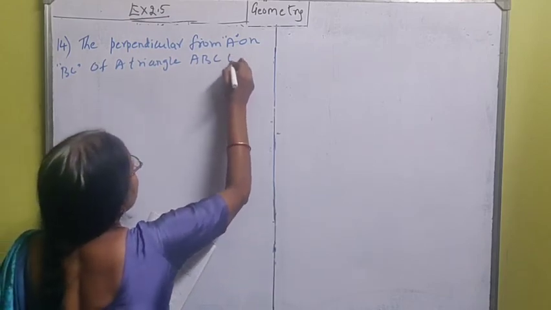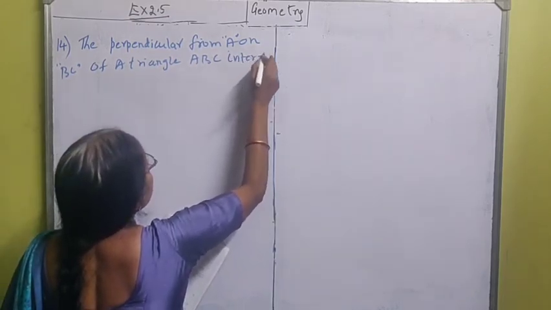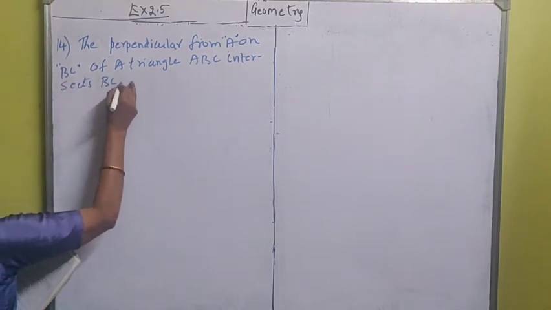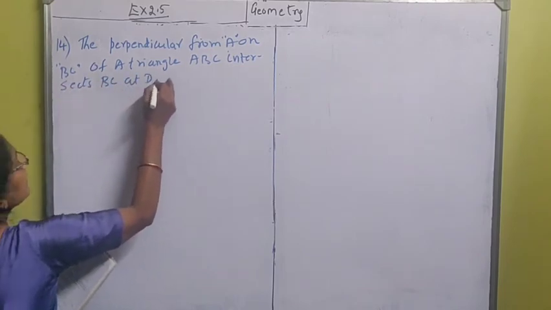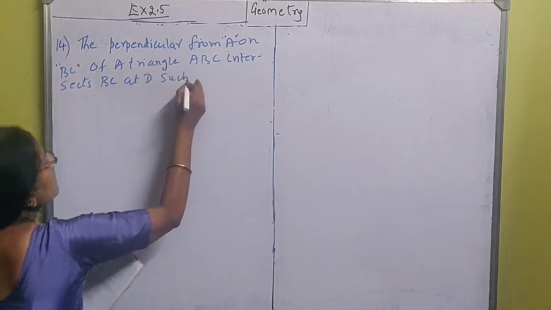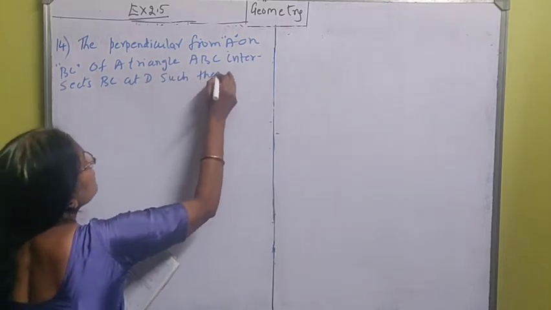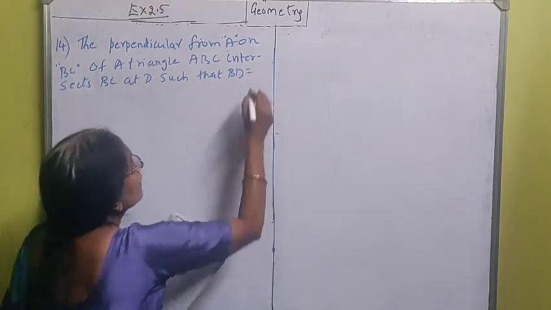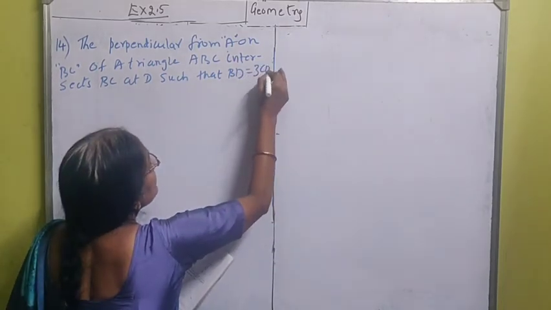It intersects BC at D such that BD is equal to 3CD.